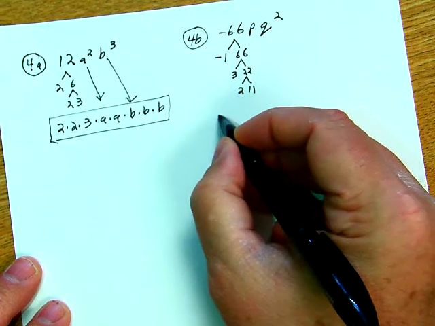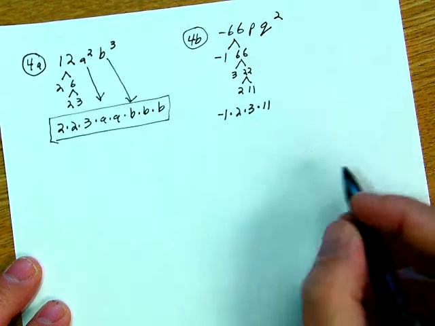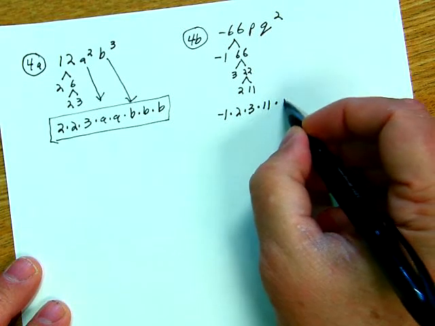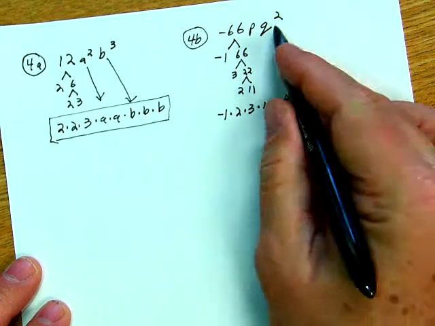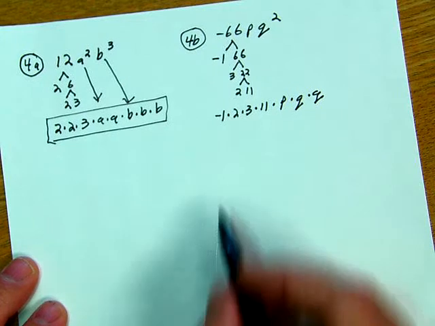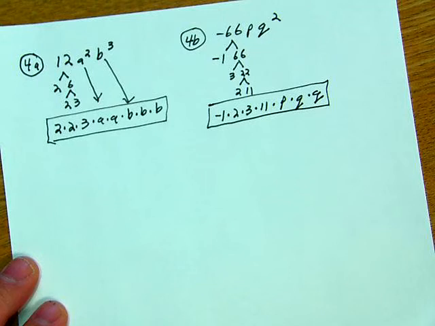So my numbers are going to be negative 1 times 2 times 3 times 11. Now my variables are p and two different q's, because it's q squared. And there is my factored form of negative 66pq squared.